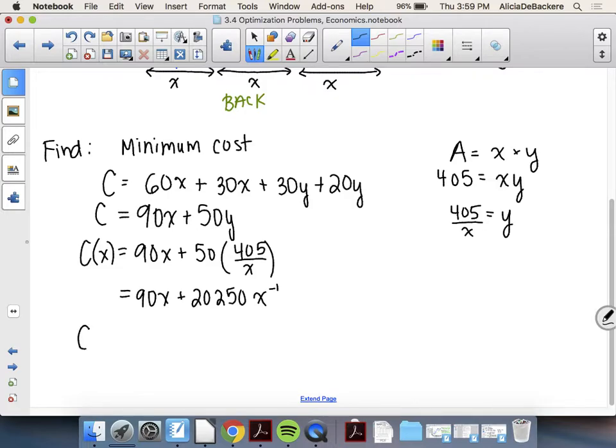So next I am going to take the derivative. Taking the derivative of the two parts, because I've got addition between them, the derivative of 90x is 90, and then here I bring the negative 1 down front, so I've got a negative now, and then 20,250 times x to the negative 2, or all over x squared.